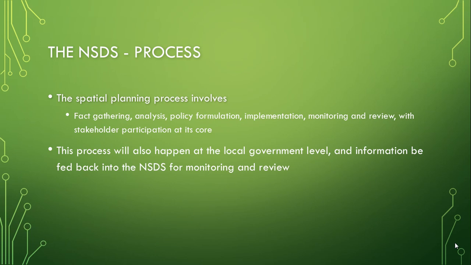So if you really want to have effective spatial planning, and as you already recall, we said this is a holistic approach, it means that all the groups or special interest groups that would be affected by the development must have an input. They must have a say in the policies and the planning process that occurs.